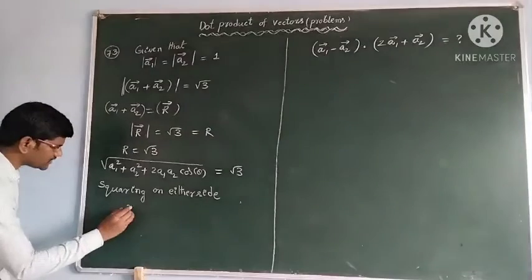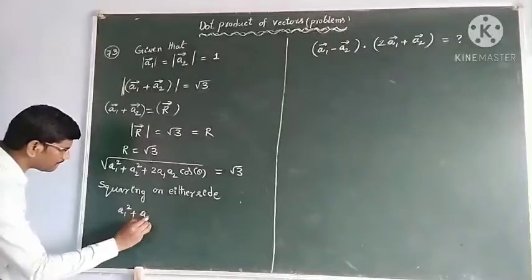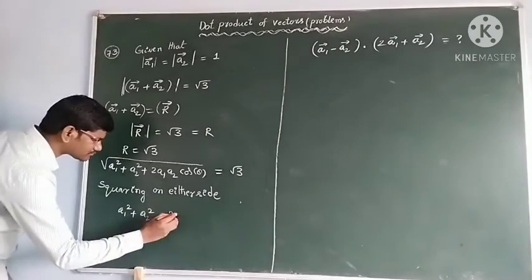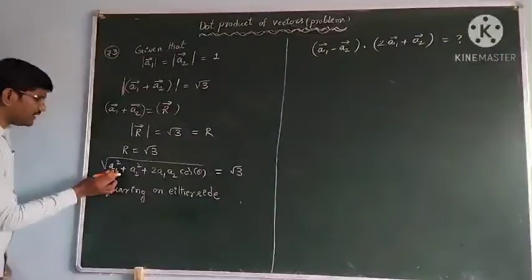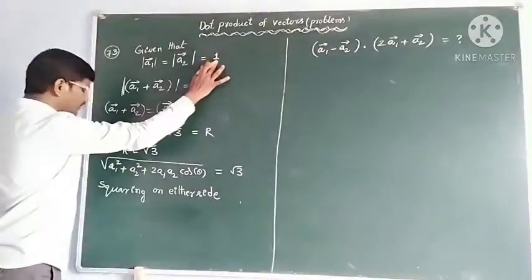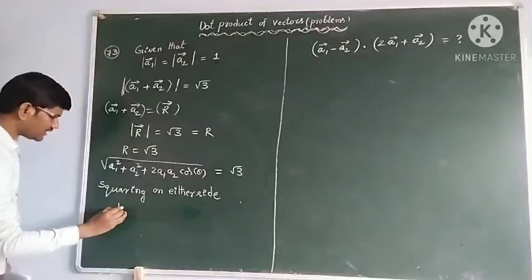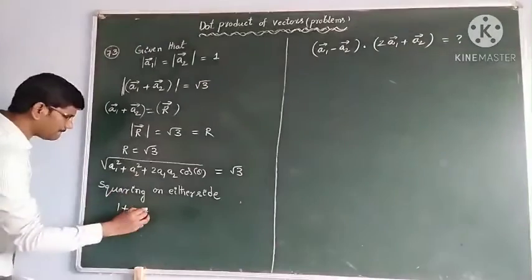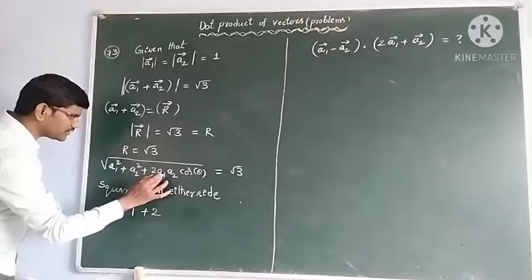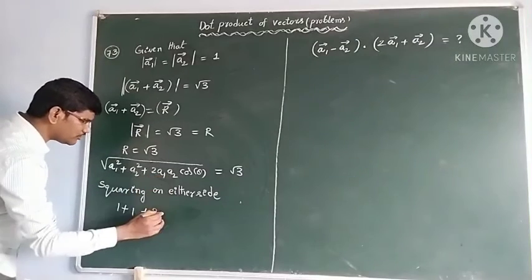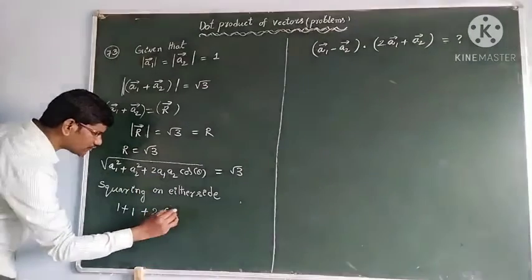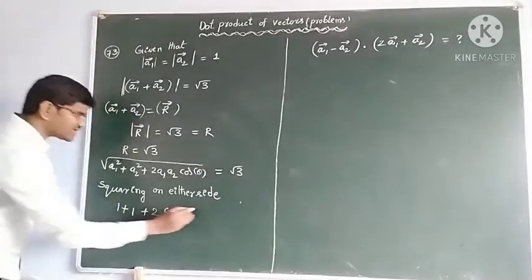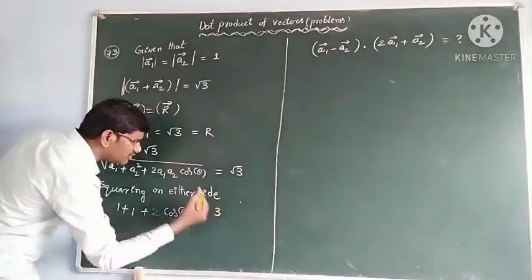What will you get, students? A1 square plus A2 square plus 2 into A1 A2 cos theta. A1 is a unit vector, its magnitude is 1, so A1 square is 1. A2 square, its magnitude also 1, plus 2 into 1 into 1 into cos theta. Since you are squaring, the square and root get cancelled, and you will get 3.